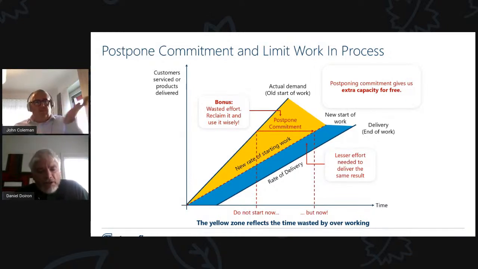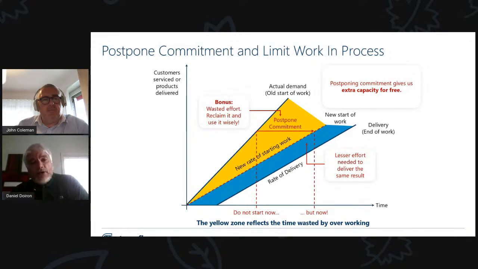Why? Well, you were multitasking, you were wasting efforts, and you were overburdening. There was a lot of wait time in the system. By postponing the work and starting later, all of this yellow area is basically extra capacity that you are getting yourself for free. Now, that's a lot of extra and free capacity, right?